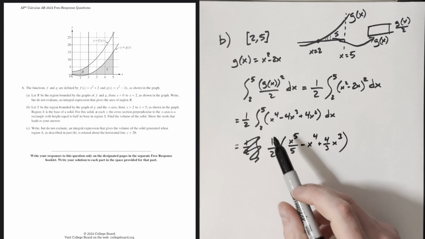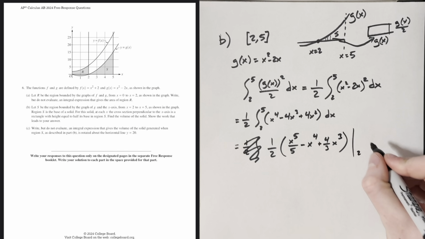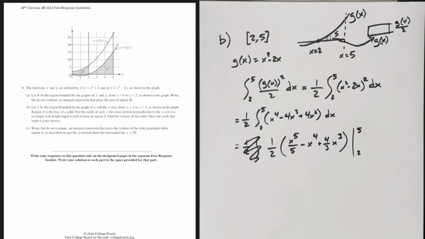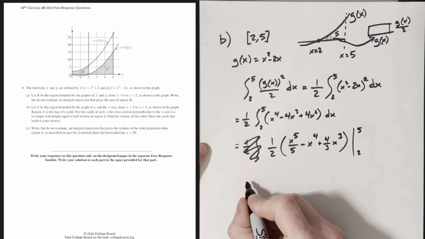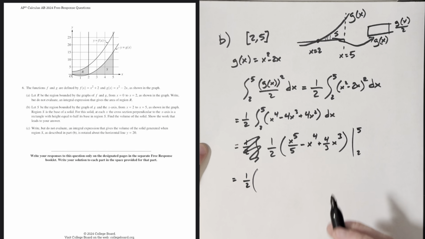And that's just some classic power rule on this. We're going from 2 to 5. So now, I wish that there was a way to make this simpler. I cannot find it, realistically. So we got to plug in some values, right? When we plug these in, I'll keep the 1/2 on the outside. We'll think about that at the end.